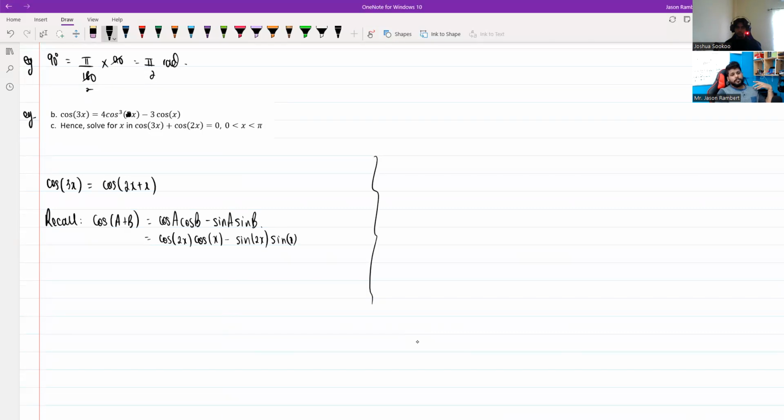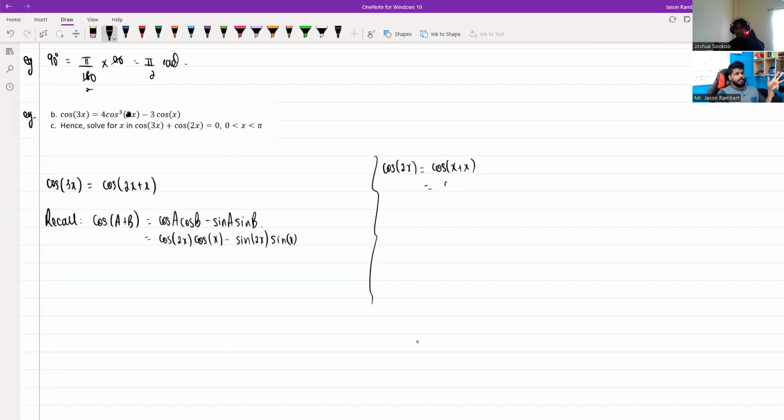So we're going to be exposed to the double angle formula now. I don't know what cosine of 2x is. I know it's cosine of x plus x. I already recall the identity, so I don't need to recall it again.